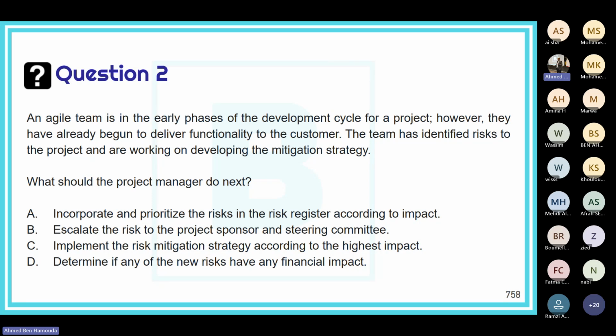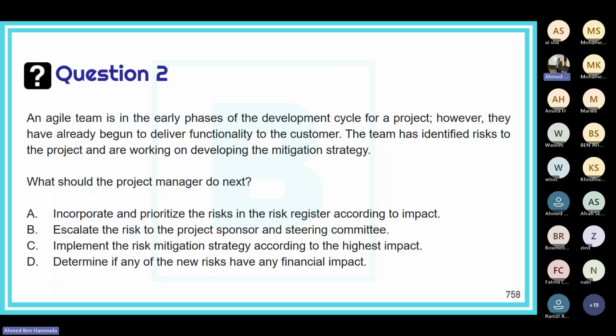Many thought that applying risk management only happens in waterfall, but actually dealing with risks happens in both agile and waterfall.